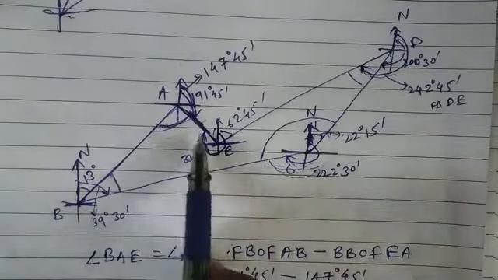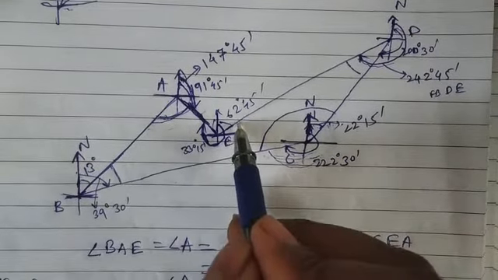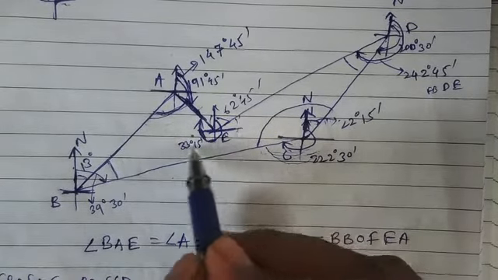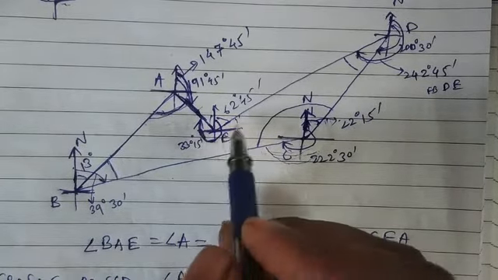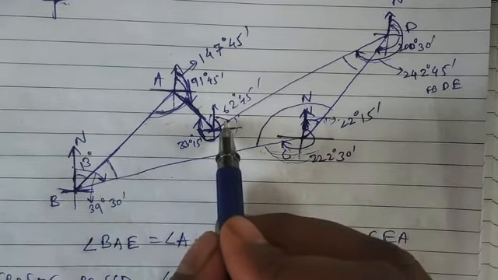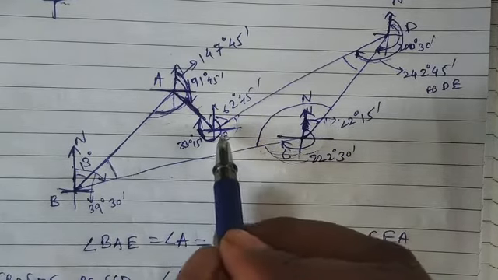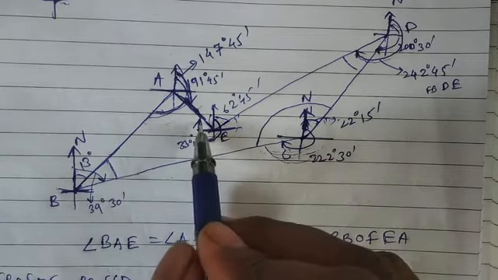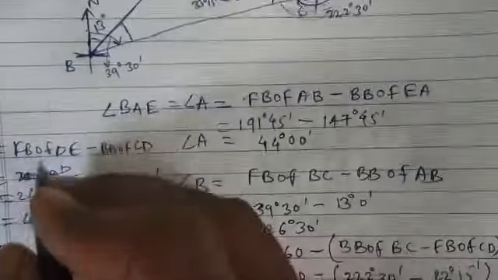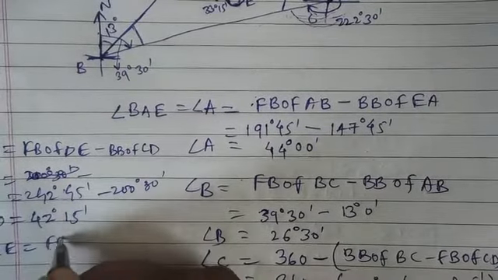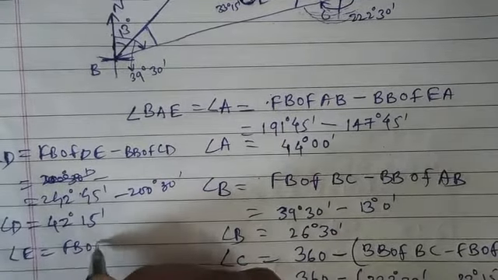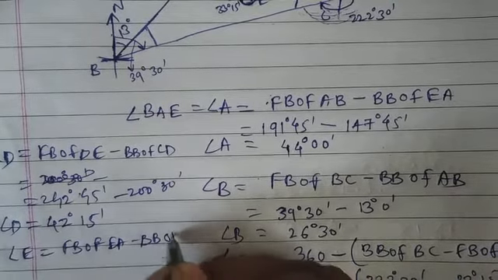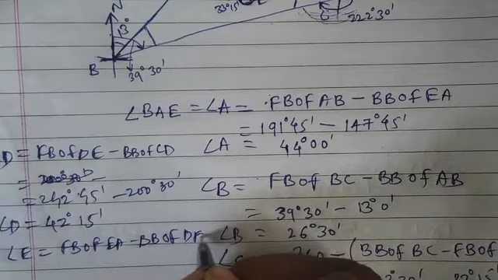The next angle is angle E, which is the last angle to be calculated. Now for this traverse, the interior angle will be this. This angle can be calculated by subtracting the back bearing of DE from the fore bearing of EA. So I'll write it here: fore bearing of EA minus back bearing of DE.